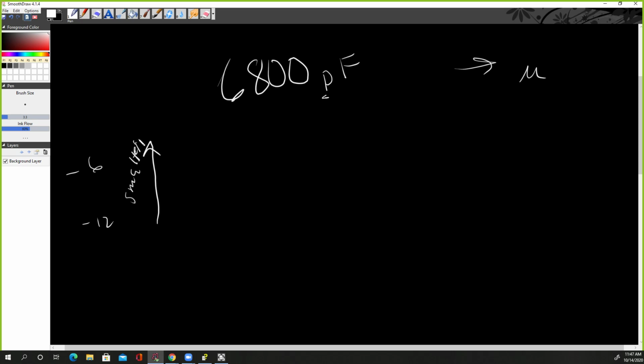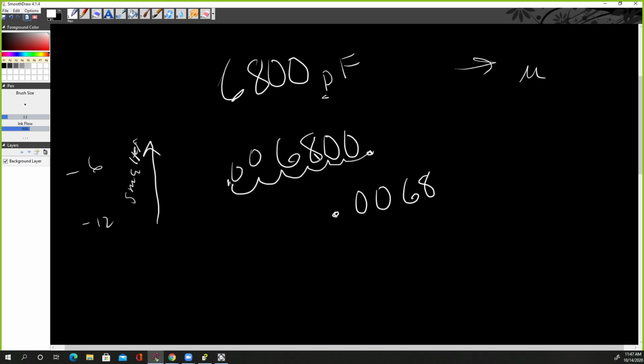Then obviously the opposite, if you go downward, you get bigger. So we're going to go smaller by 6. Put a decimal place, and let's go smaller by 6. 1, 2, 3, 4, 5, 6. See how small the number is now? 0.0068. You could drop the rest of the zeros, or you can keep them, doesn't matter.